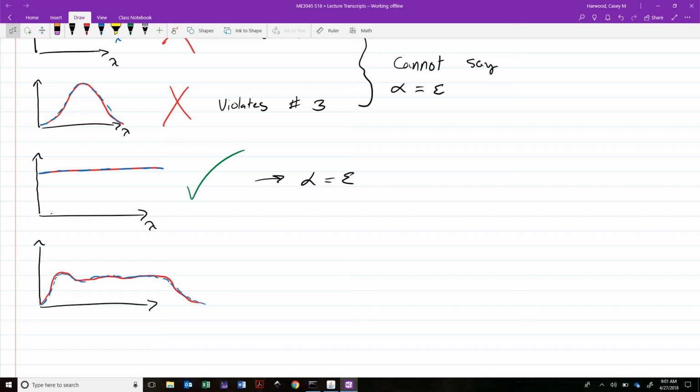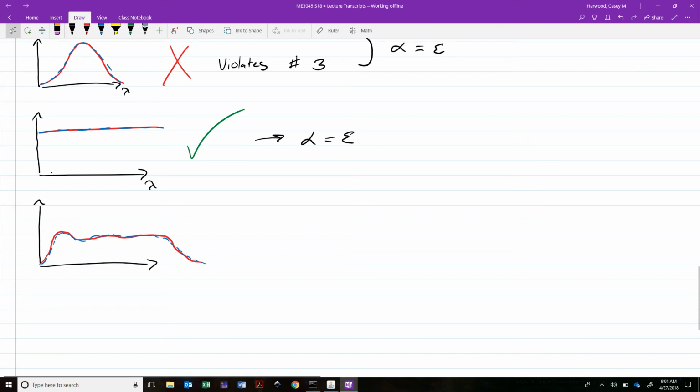And so if we consider the spectral emissive power and spectral irradiation that we're concerned with in this particular problem, then we might be able to get away with ignoring these spots where it varies with wavelength. So here we have alpha and epsilon. Let's draw the spectral emissive power and spectral irradiation right beneath it.